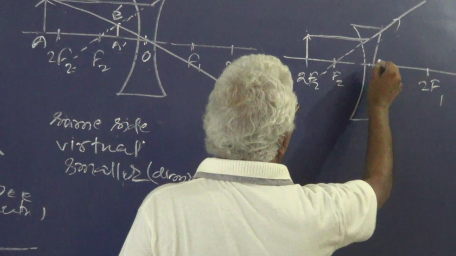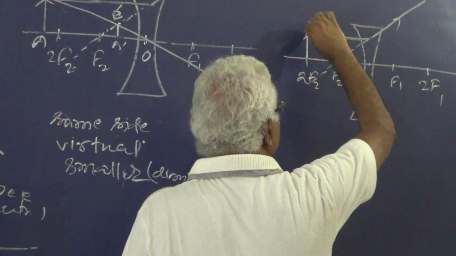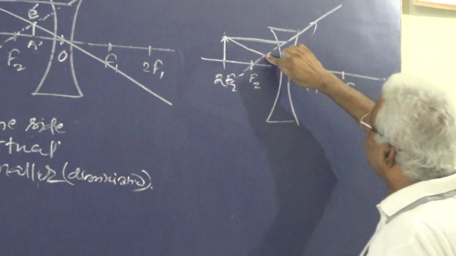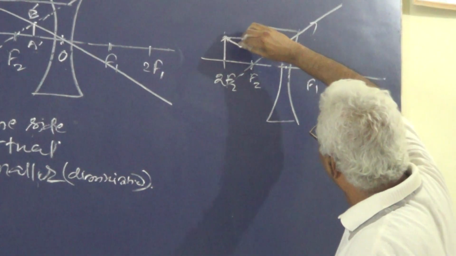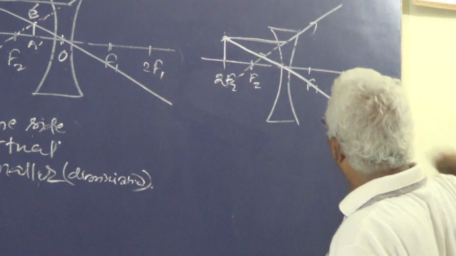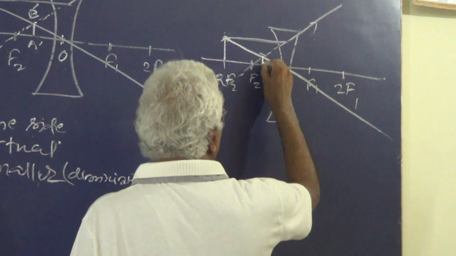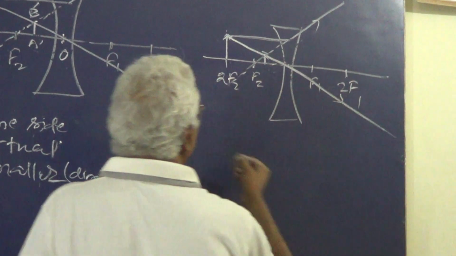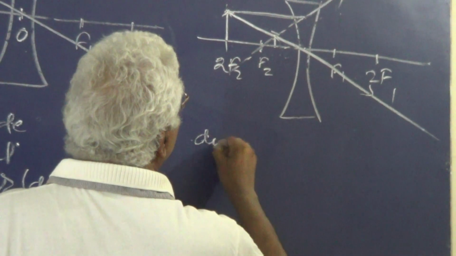Now again from the center, again here your object is like this. What happens? It is diminished.